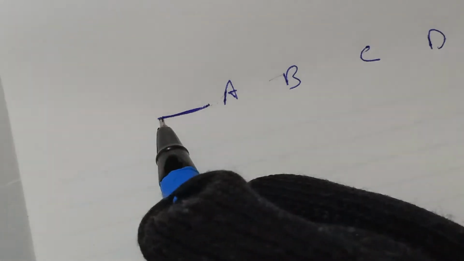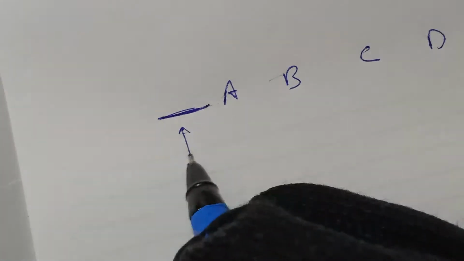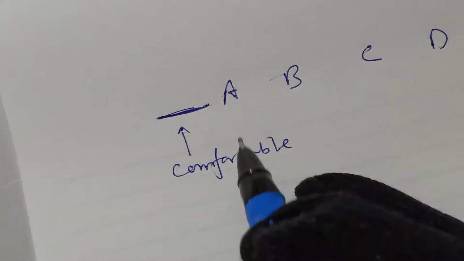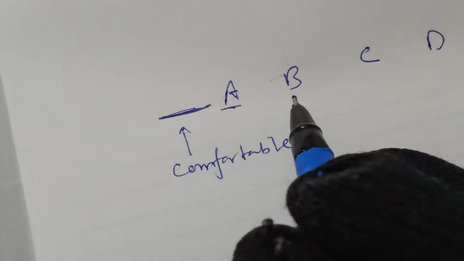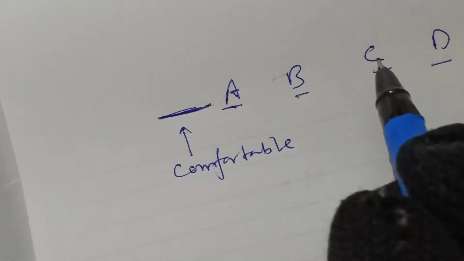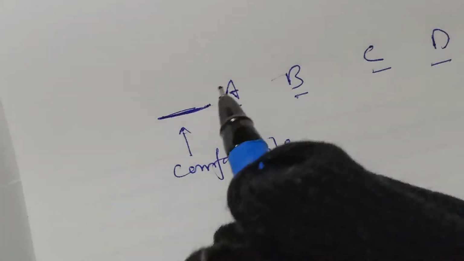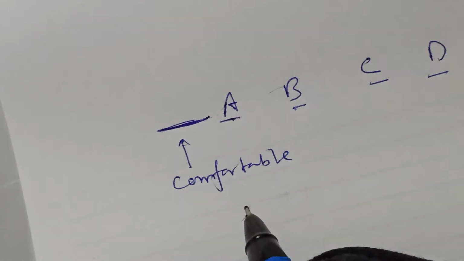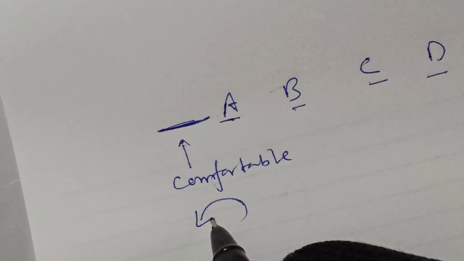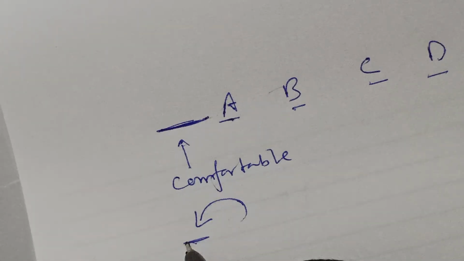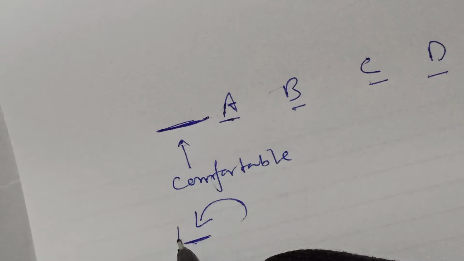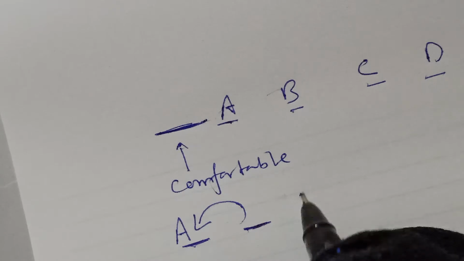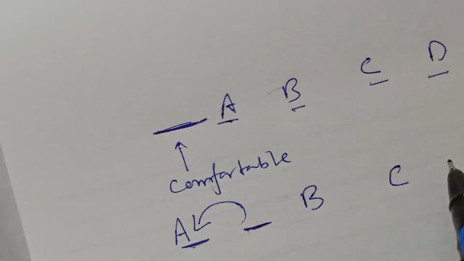If this space is comfortable, then A will like to shift to this comfortable position. Now there will be A, so this position will be vacant, and then B, and then C, and then D.